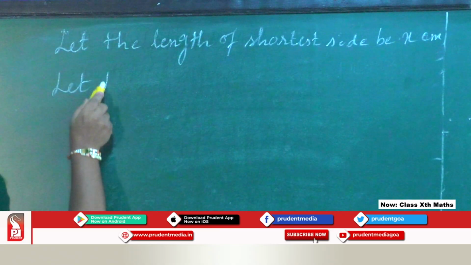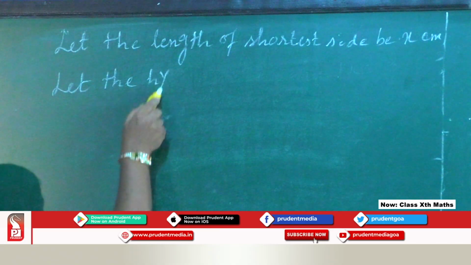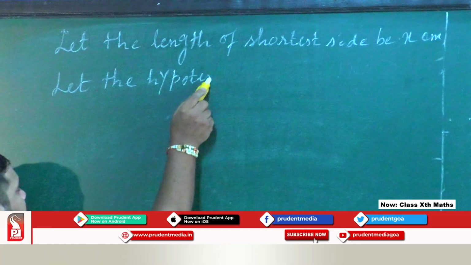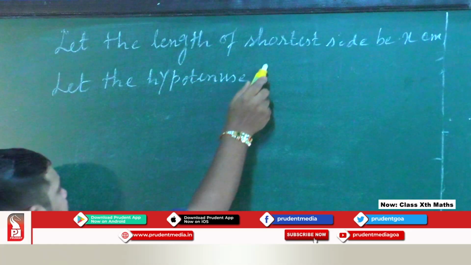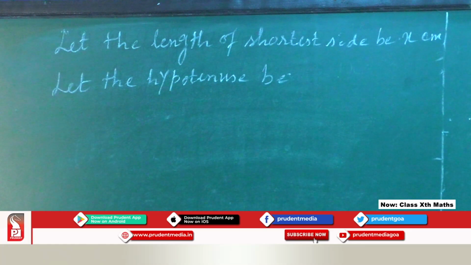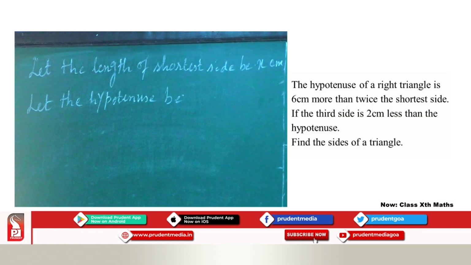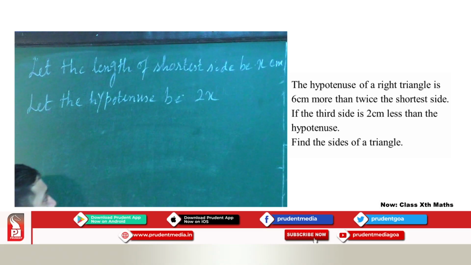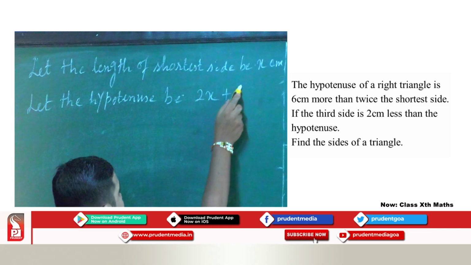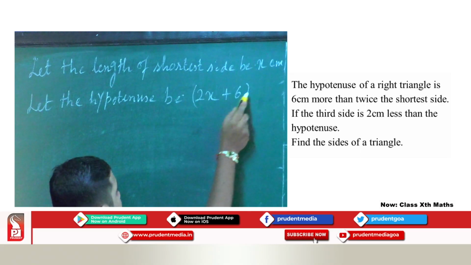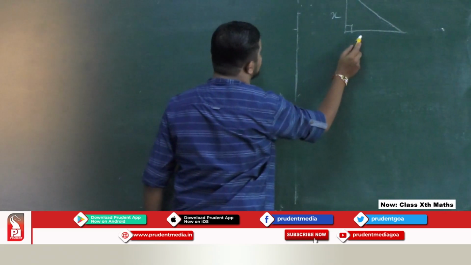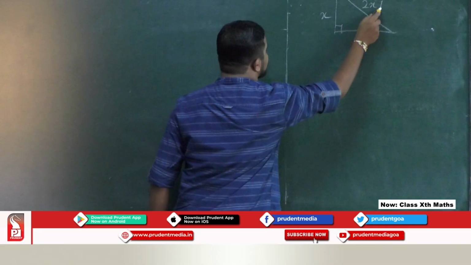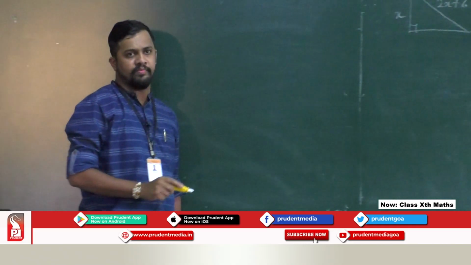Let the hypotenuse be, okay, now let me read the hypotenuse statement. The hypotenuse of a triangle is 6 centimeter more than twice the shortest side. What is the meaning of twice? Twice means 2x, twice the shortest side. And it is 6 centimeter more, so 2x plus 6. So I got the next side as 2x plus 6, that is the hypotenuse.